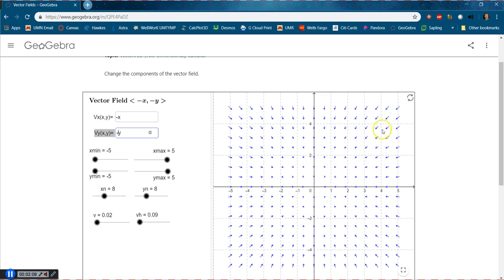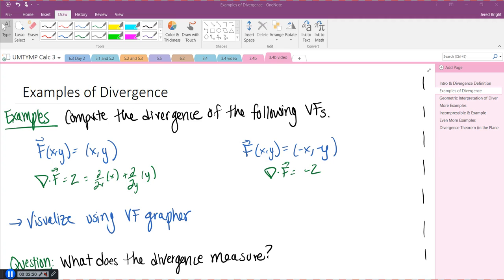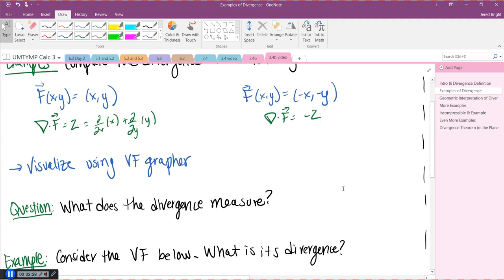Again, I look at that little region here, and I say, okay, stuff is flowing in to it, but it looks like it's actually decreasing as it gets closer to the origin. That's interesting. Okay, so we're still curious about what the divergence actually measures, and I'm going to leave that as an open question right now because I don't want to spoil my fun later.